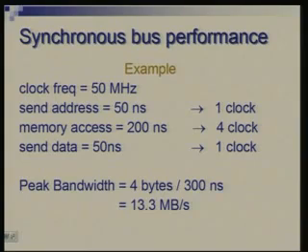So in one transaction like this 4 bytes are transferred, and therefore the peak bandwidth, if the bus was continuously doing this, would be 4 bytes divided by 300 nanoseconds, which is 13.3 megabytes per second. So bus bandwidth or bus throughput would be characterized in terms of megabytes per second, and this is how it could be related to the basic operations.